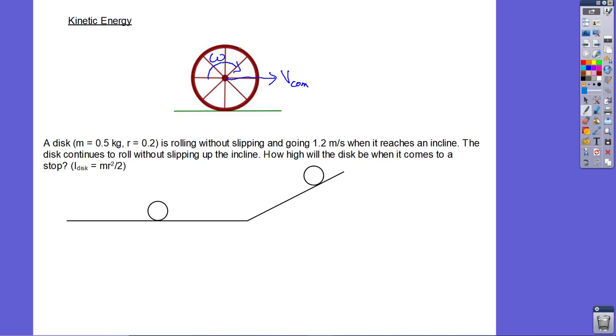Okay, so remember that when it comes to kinetic energy, this actually has two forms. So there's kinetic energy due to translation, which is 1/2 mv squared, but this also has angular kinetic energy. So 1/2, remember, instead of mass, we put in I, that's our measure of inertia, and instead of V, we have omega.